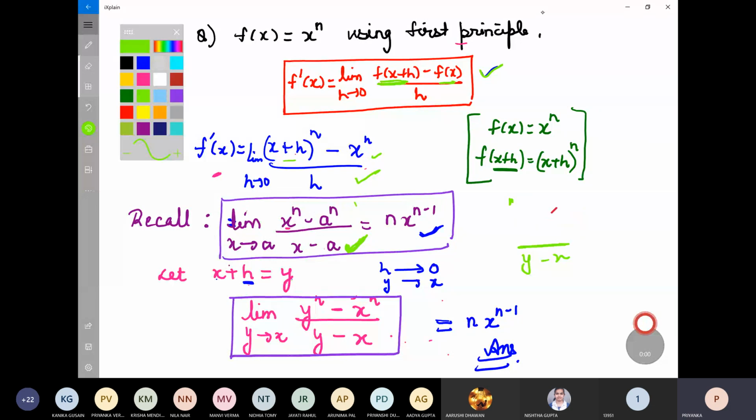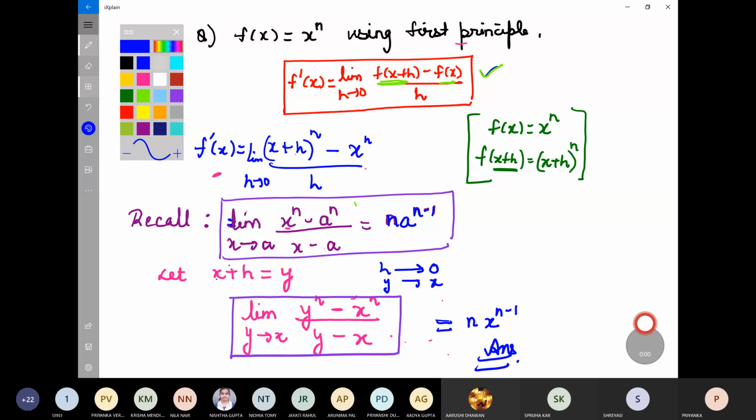Okay. Ma'am, shouldn't the final answer be n y raised to the power n minus 1 in place of x? Yes, ma'am, even I was thinking that. Check it yourself, compare and see, I am not saying anything here. Ma'am, if we compare the line which you have written. Yes, so look here, sorry, here it is a, sorry, here it is a. I exactly wrote it wrong, ma'am. Right, it is n a to the power n minus 1, now it's fine.